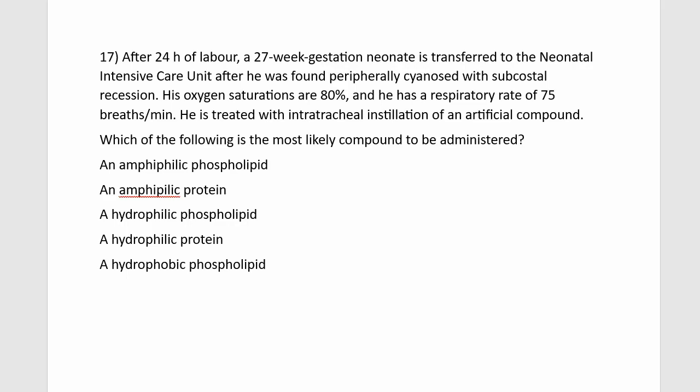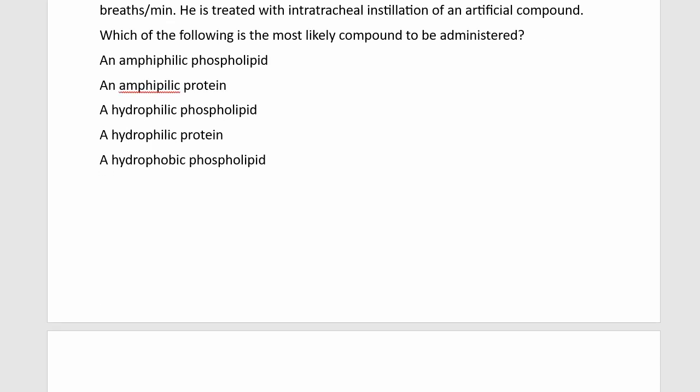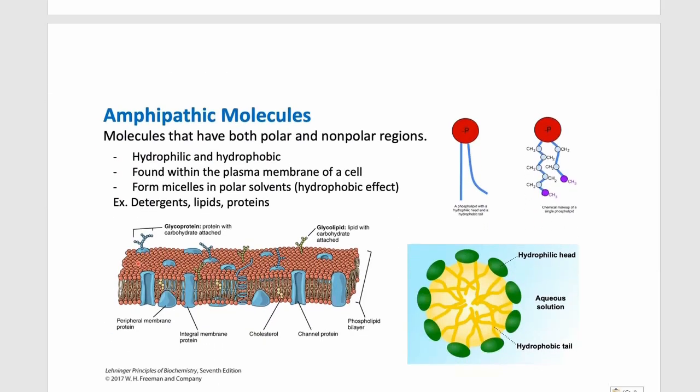So when we're talking about this, with a surfactant, you have this hydrophilic head and a hydrophobic tail, and they form what's known here as a micelle.